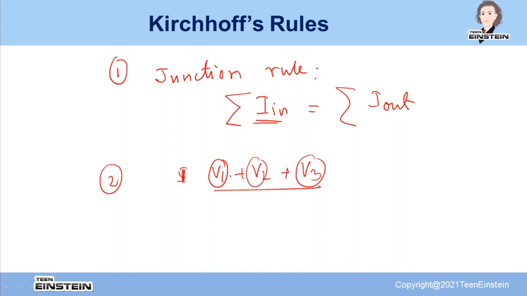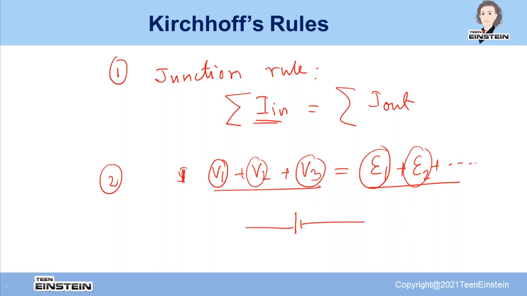If you have many batteries, you can write on the right hand side the sum of the EMF of the batteries. Whether you take EMF as positive or negative depends on the direction. If you have a cell, this is the symbol of the cell, and while going in a loop of the circuit, if the current is coming out from the positive terminal of the battery, then this EMF has to be taken as positive.